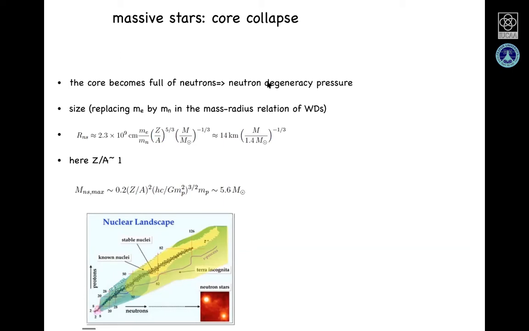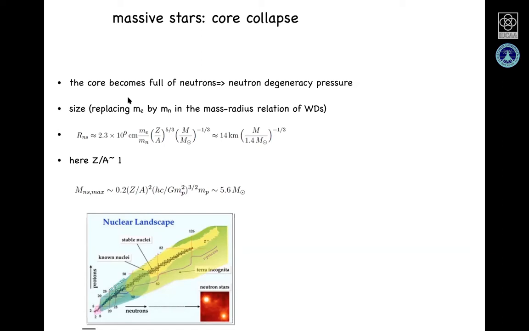So if you want to pack too many neutrons in a small volume, there's going to be a repulsion kind of pressure, right? And that is what we call the neutron degeneracy pressure. It's similar to electron degeneracy pressure. And you can estimate the mass.